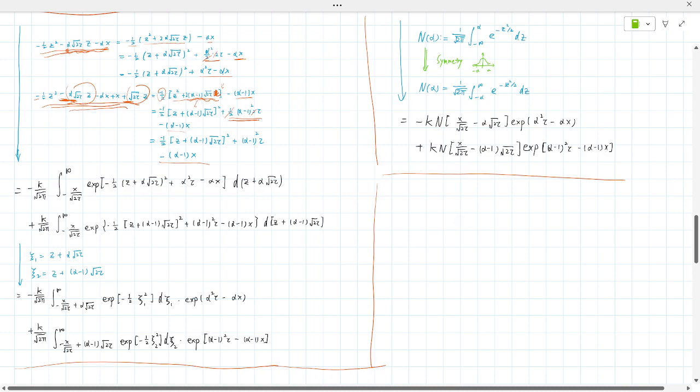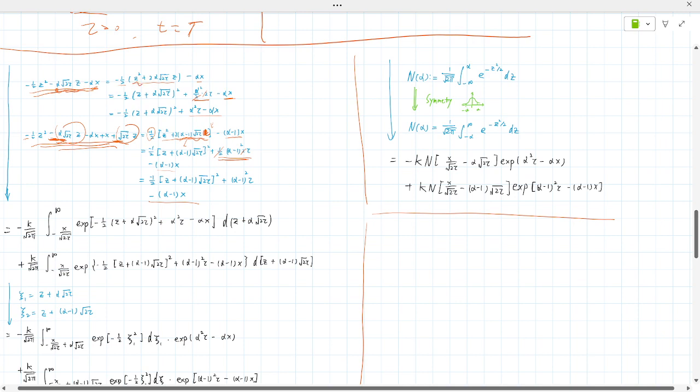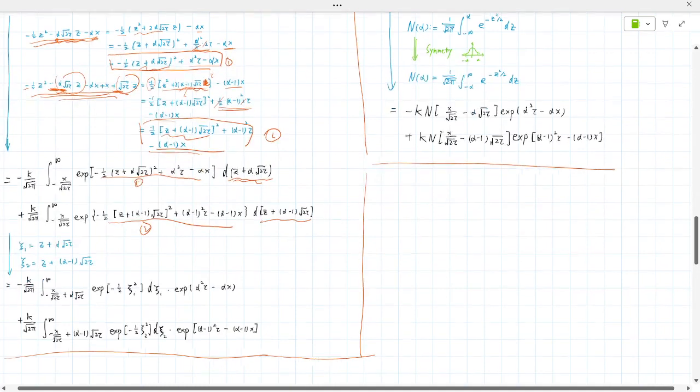So plug everything back in to make this transformation, there, and there, becomes this. And this is the first term, the second term, just plug everything back in, that's it.